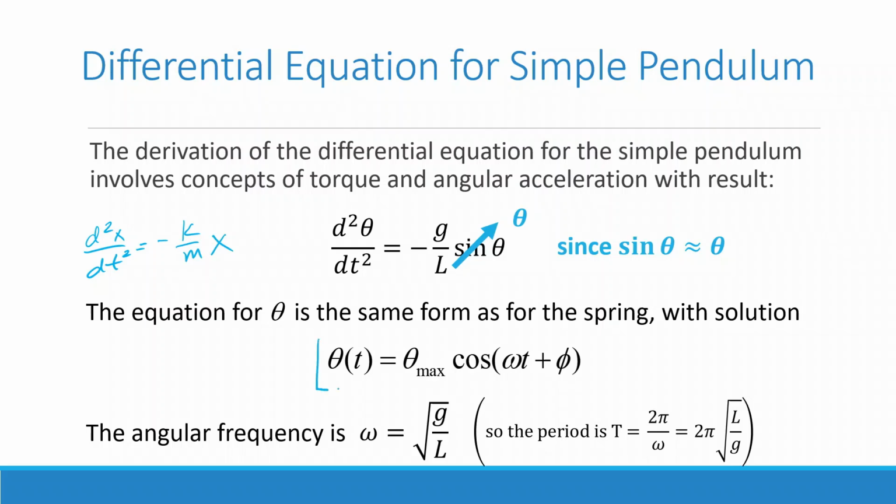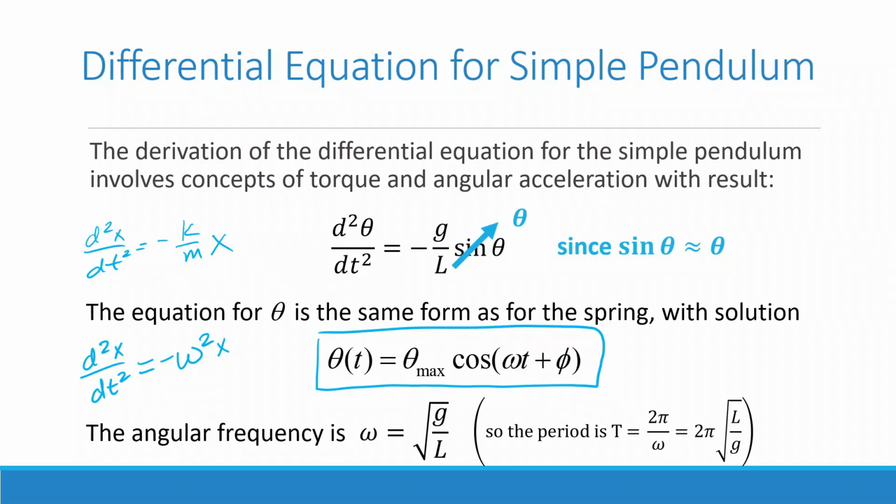So we can define that a solution to this differential equation is going to be theta of t equals theta max cosine of omega t plus phi. We also know that the standard form of the differential equation tells us that d squared x over dt squared is equal to negative omega squared times x.